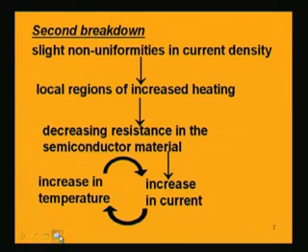Now, if there are slight non-uniformities in the current density, then there will be local regions of increased heating in the power BJT. Wherever the current densities are higher, those local regions will heat up.